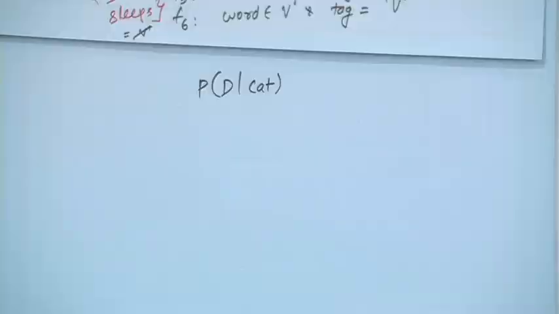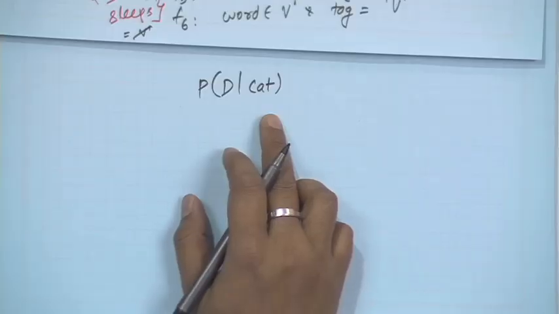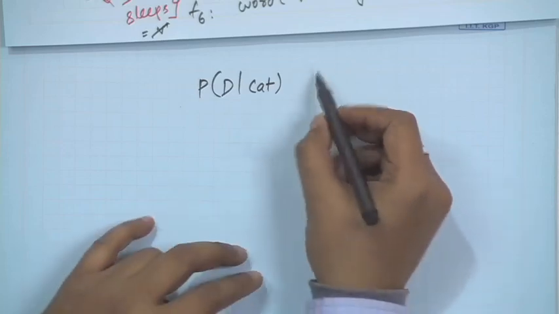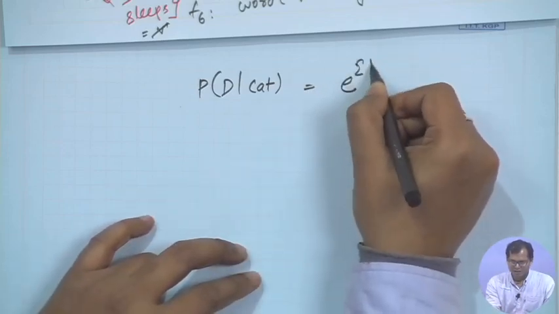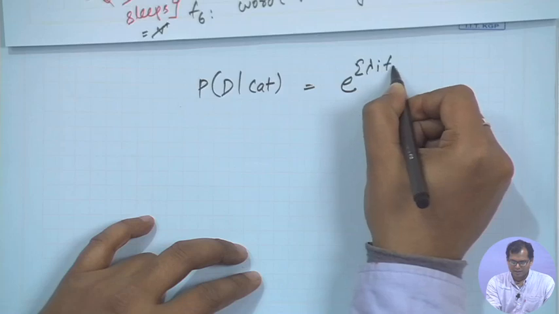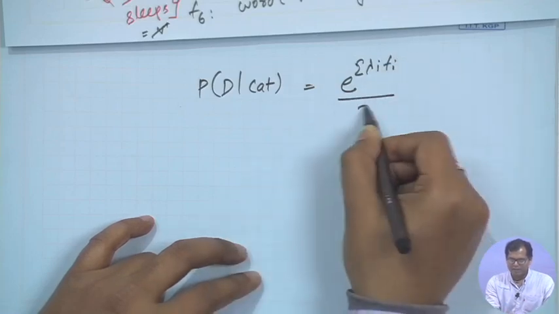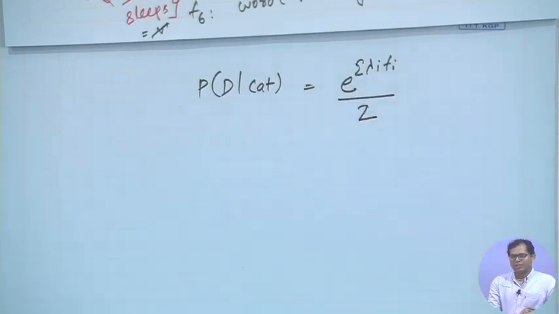So now in terms of my maximum entropy model, how do I write this particular probability? It should be e to the power sigma lambda i f_i divided by a normalization constant, and Z should be such that this will add up to 1 for all the 3 tags.